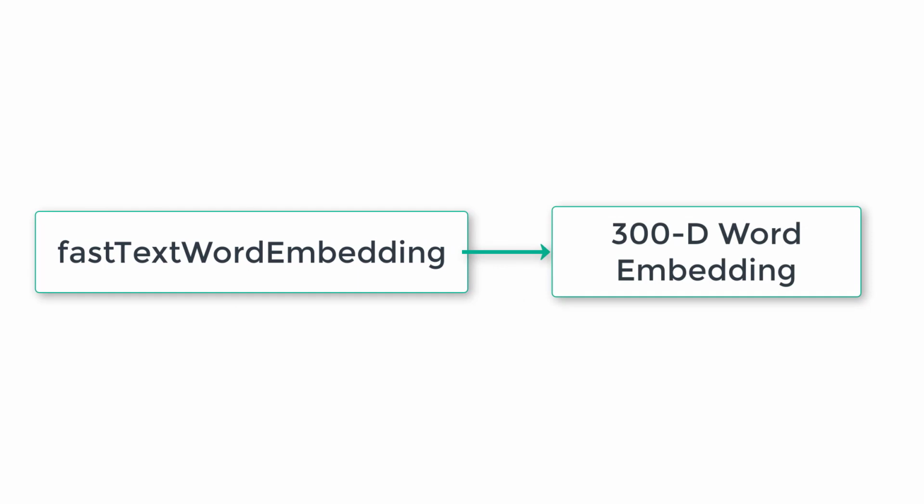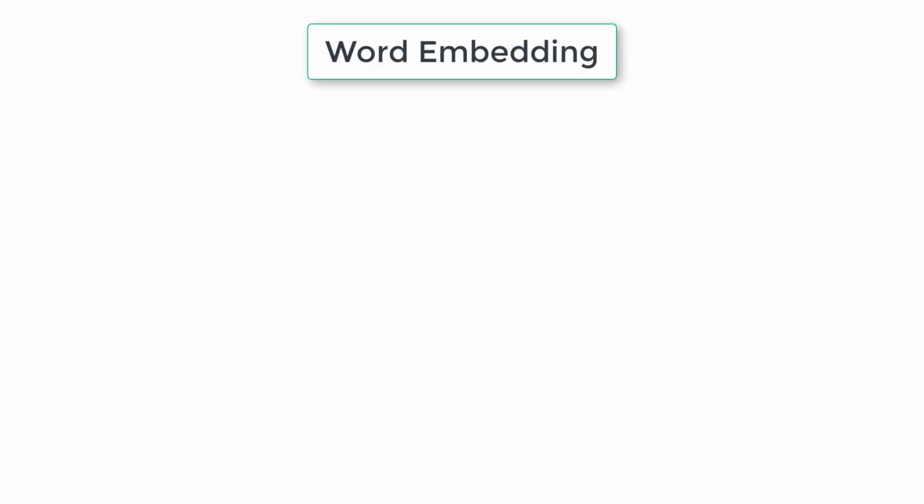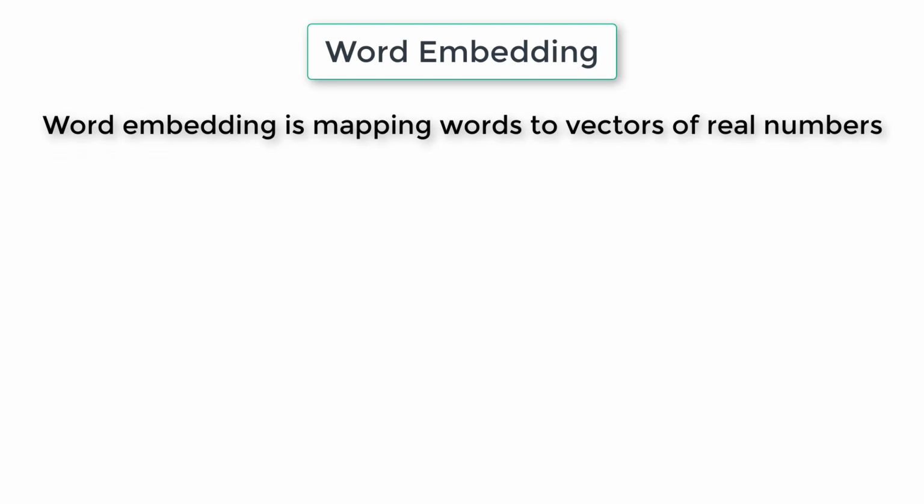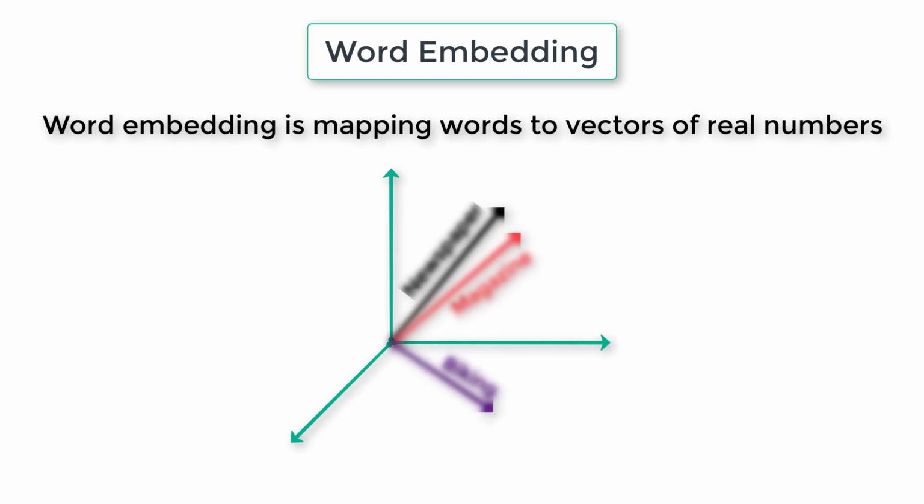You may wonder what word embedding exactly is. Let's have a simple idea. Word embedding is mapping words to vectors of real numbers. Here is an example of three-dimensional word embedding.